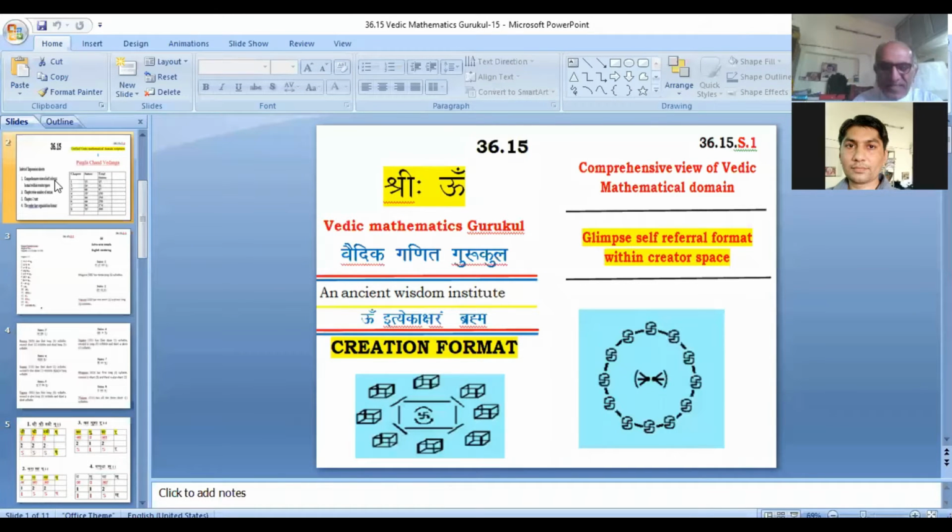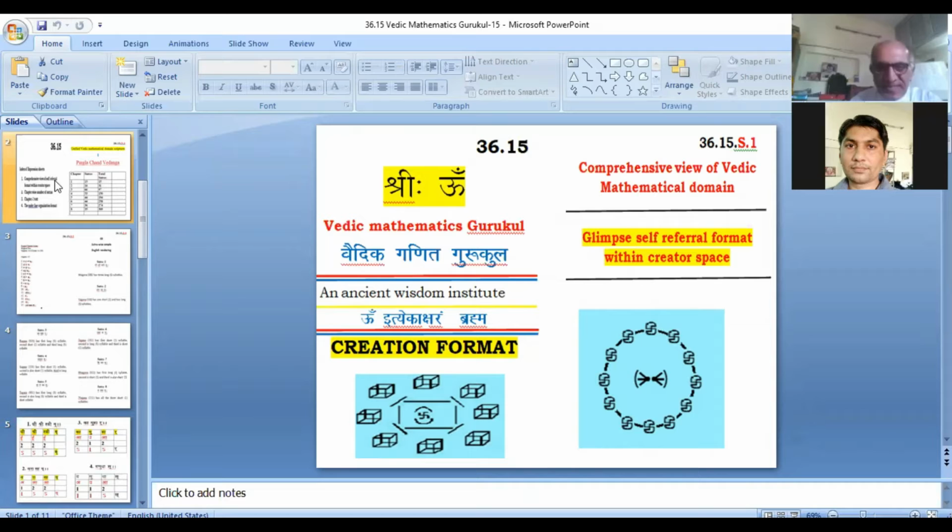It is this reach at the self-referral origin of the transcendental domain which results into bridging of the transcendental cavity at the seat of the origin of the creator's space.